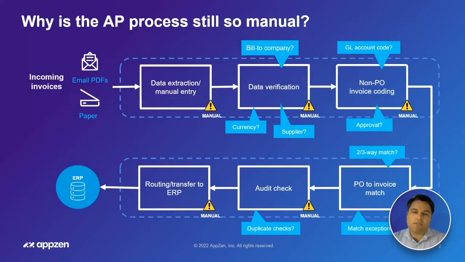Now, the last step in the process would typically be running audit checks on invoices. So this typically involves making sure the invoices are not duplicates, and the vendor on the invoice is not on any blacklists or sanction lists. Plus, AP also has to ensure that all auditing data has been collected, meaning if invoices went through an approval process, then they have all the timestamps and the approvers' names, as well as if anything was changed on the invoice, then all of that information was properly logged.